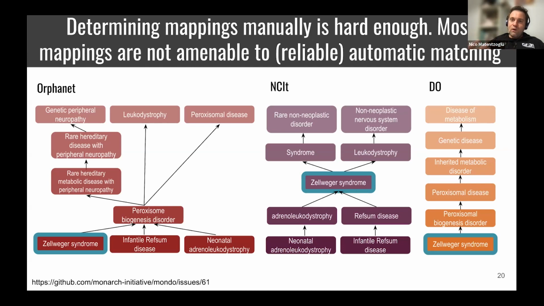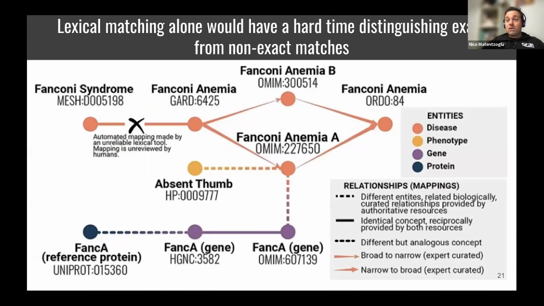And now if you also take into account that the definitions will look quite different about these diseases, then you have to ask yourself, how can I really reliably map these two things together, and do they really mean the same thing? So it's another big question mark for the automated matchers.